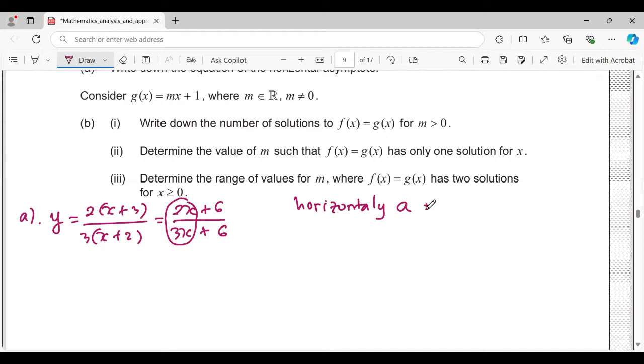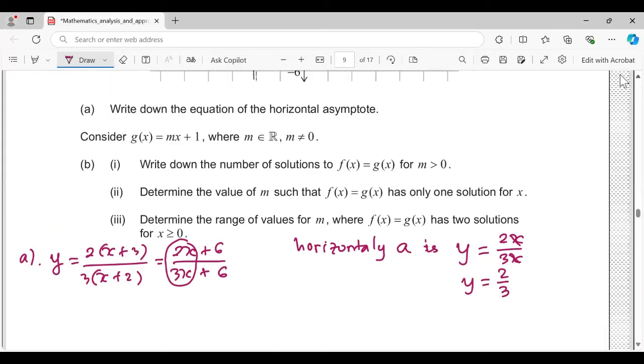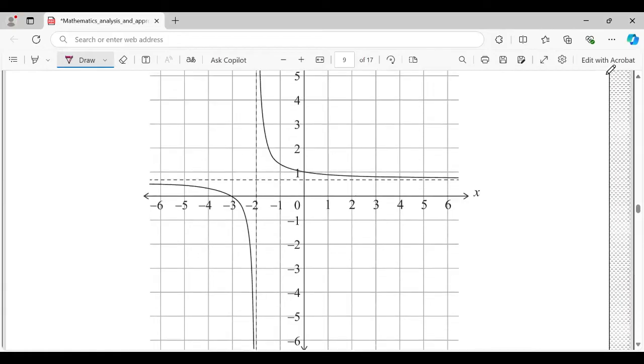So the horizontal asymptote is y equals 2x over 3x. So it becomes y equals 2 over 3. So this horizontal asymptote, this straight line, is y equals 2 over 3.